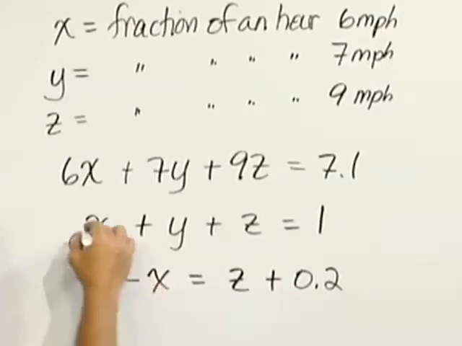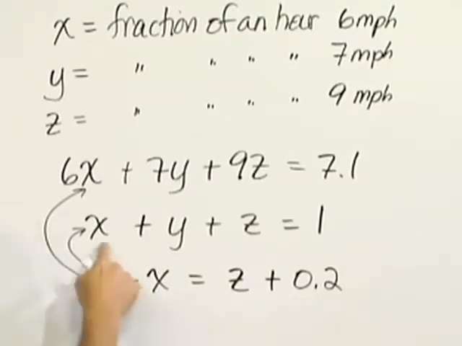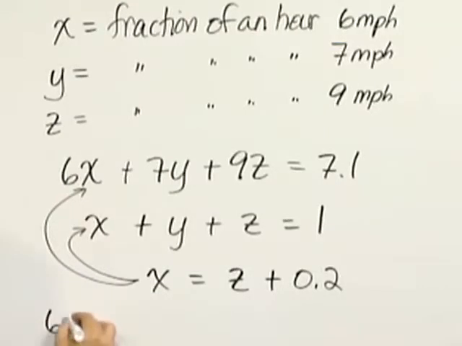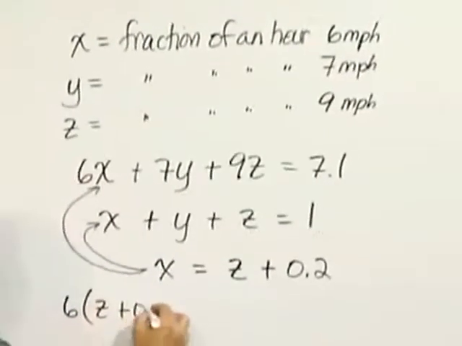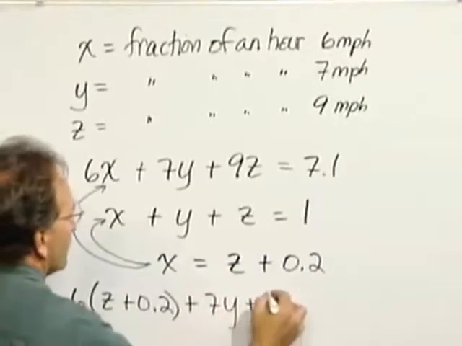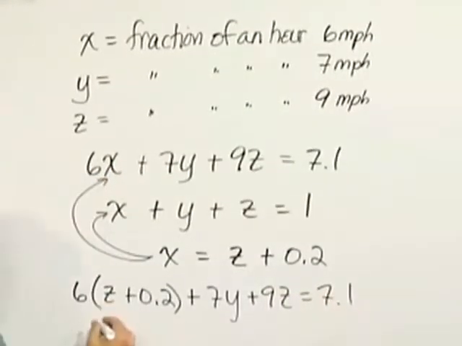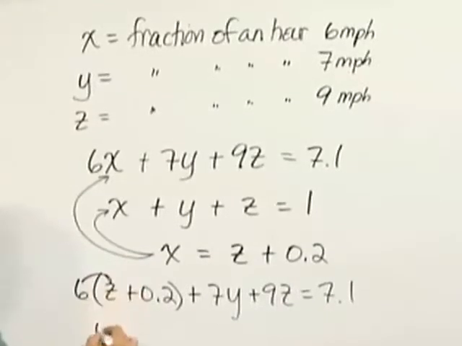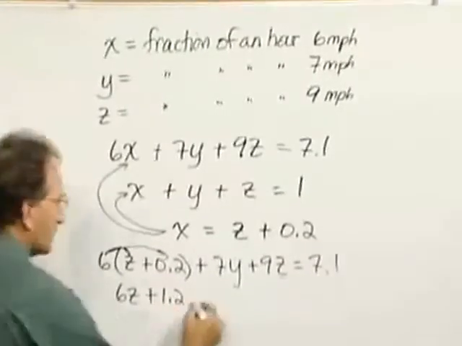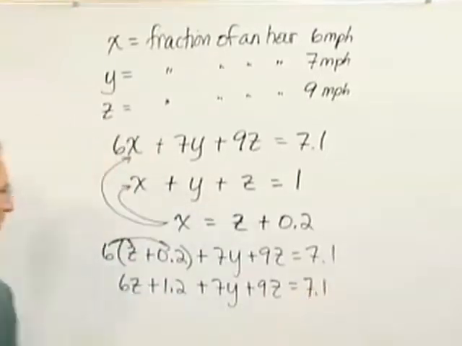So now we have our system of 3 equations and 3 variables. The first thing I want to do is to substitute the value z plus 2/10 for each of the x's. So that would give us in this first equation 6 times z plus 2/10 plus 7y plus 9z equals 7.1. Simplifying this, we distribute the 6 to have 6z plus 1.2 plus 7y plus 9z equals 7.1.